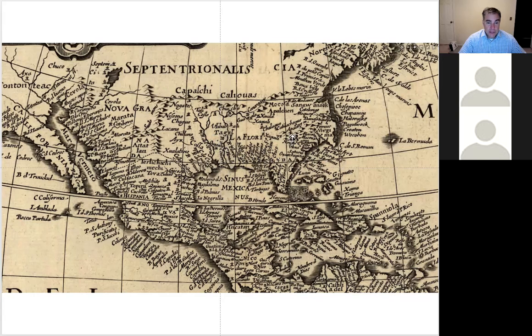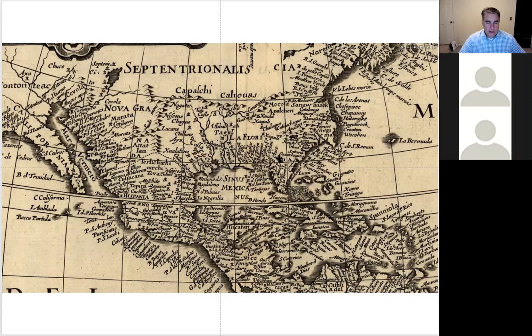exploration, or that expedition, the De Soto expedition, was one where De Soto captured a lot of native peoples and enslaved them and marched them around the South. Eventually, De Soto himself died in the process. So it was not entirely successful.